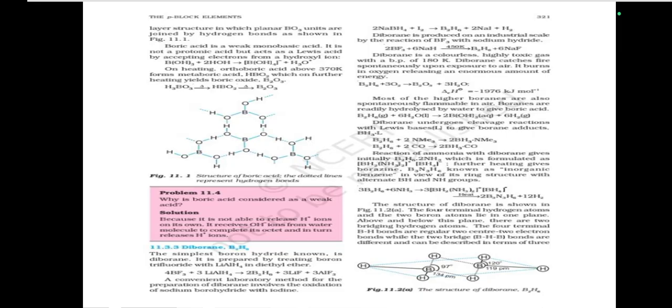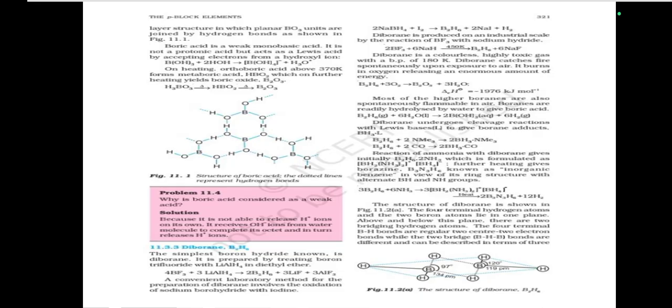Boric acid is a weak monobasic acid. It is not a protonic acid but acts as a Lewis acid by accepting electrons from a hydroxyl ion: B(OH)3 + 2HOH gives [B(OH)4]- + H3O+.